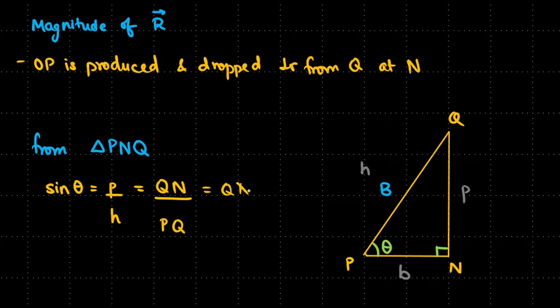So QN, and we get PQ will be B, right? Since PQ is B, this means QN is just going to be B sine theta. And this will be our equation 1.